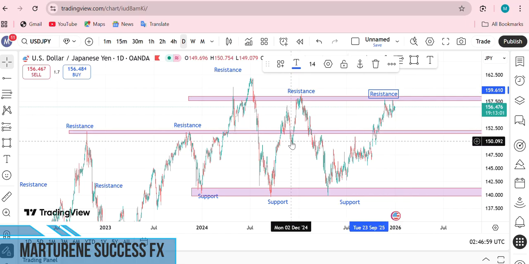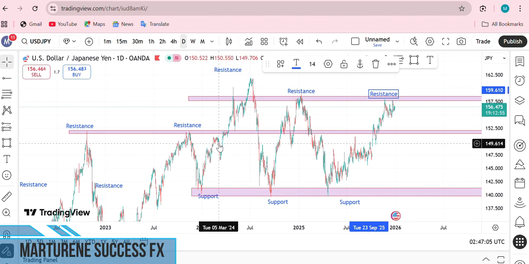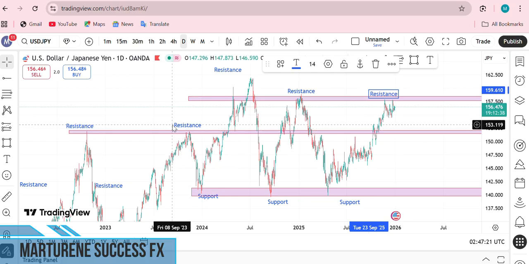Okay. Now, what I would like to share again with you is that you need to understand that when the price passes through support or resistance, that resistance or support could potentially become a support or resistance. Okay, let me just use one.